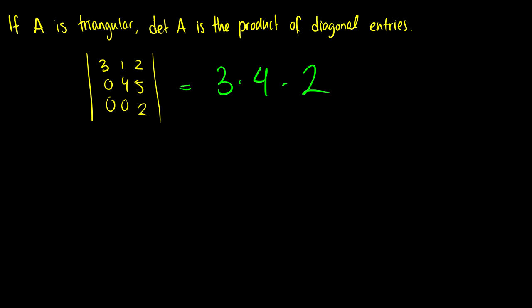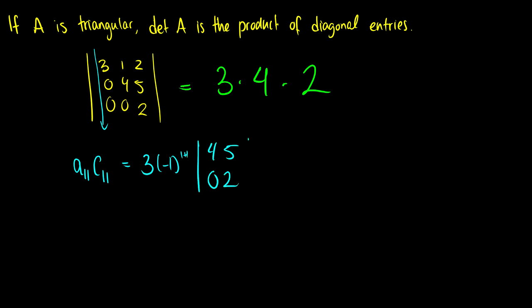So first we can do cofactor expansion down the first column. So this is going to be A11, C11 plus A21, C21 plus A31, C31. So these A21s and A31s are going to be equal to 0. So we really just have to look at A11, C11. And this is just going to be 3 times negative 1 to the 1 plus 1 times the determinant of 4, 5, 0, 2.